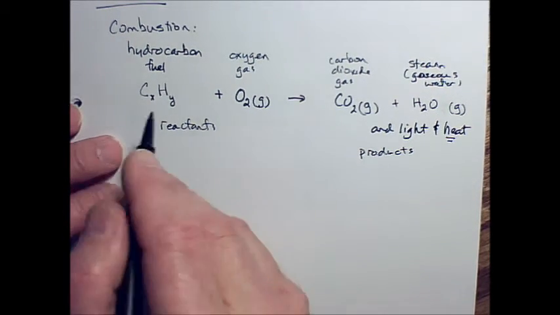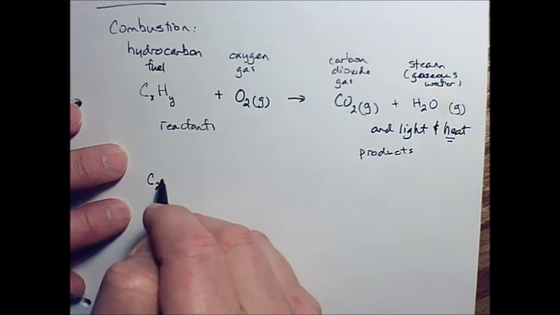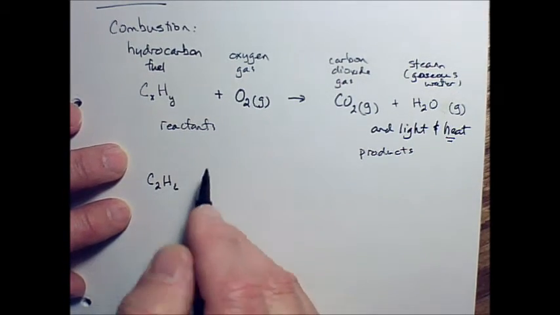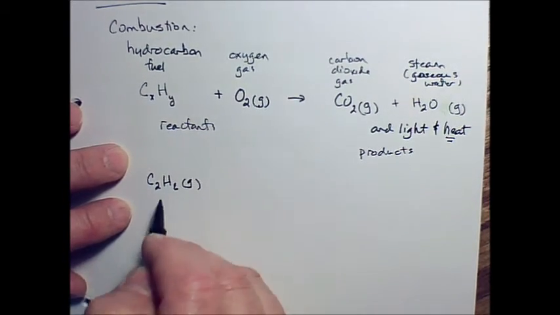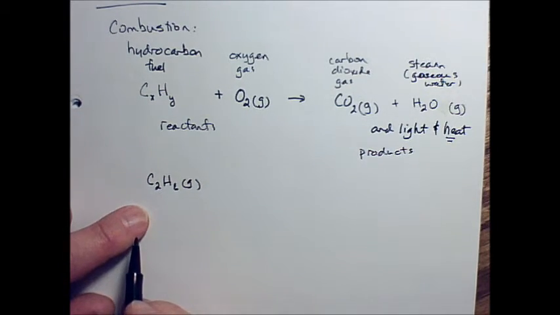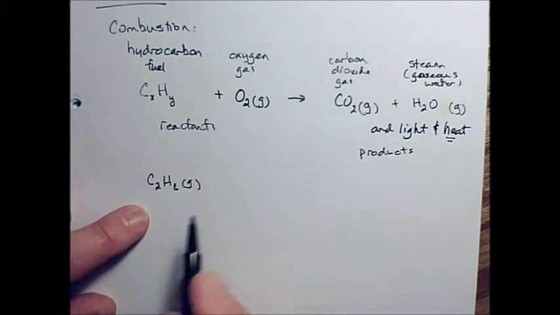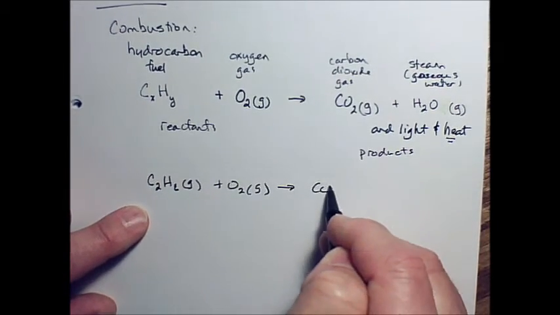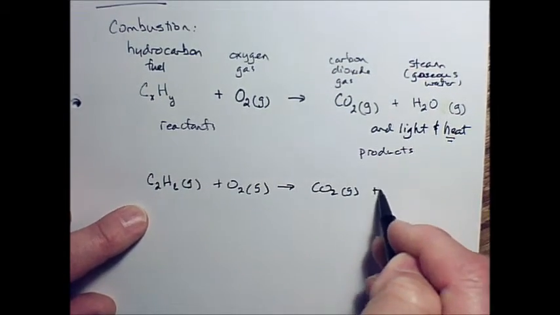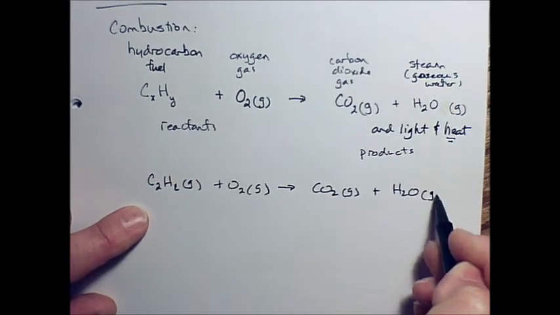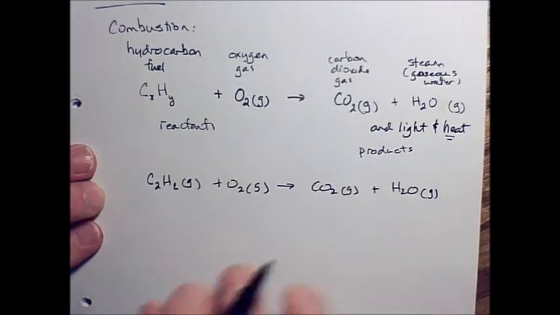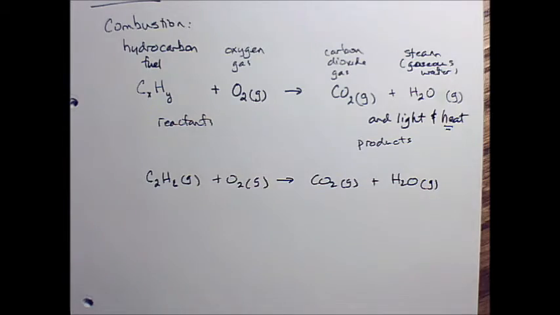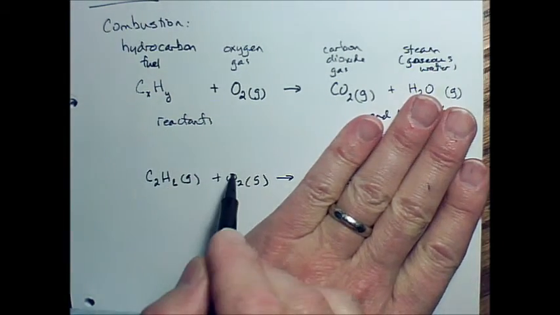So, for example, if we have C2H6, that's one of our formulas. That's a hydrocarbon. So we put it with O2, and we get CO2, and we get H2O as a gas. You can predict the products really easily with a combustion reaction because you're always going to have hydrocarbon and oxygen.